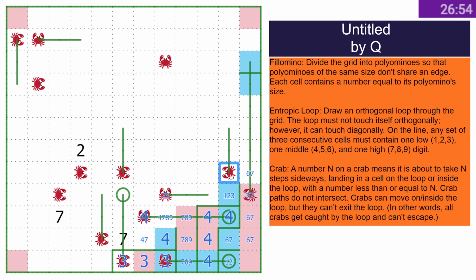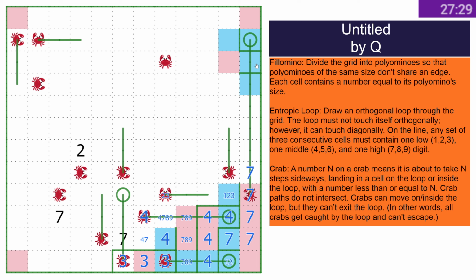If this crab was loop, then 1, 2, 3, 4, 5, 6, 7. Why have I made these 6s? These are at least 7s. That's where I was getting so confused. Yeah, these are mega. Right, okay, and he's definitely stopping there. Has to be loop. Oh, that can be a 7.